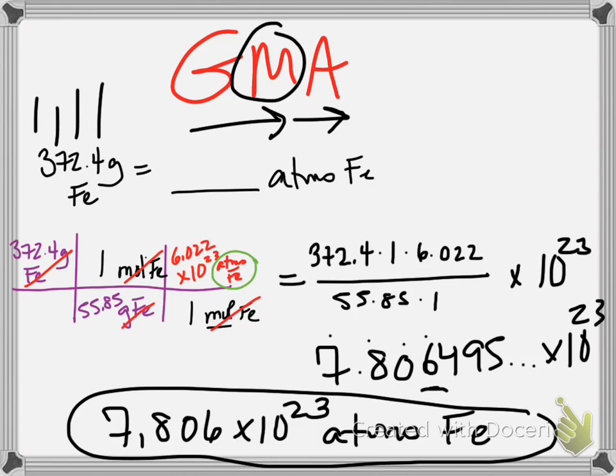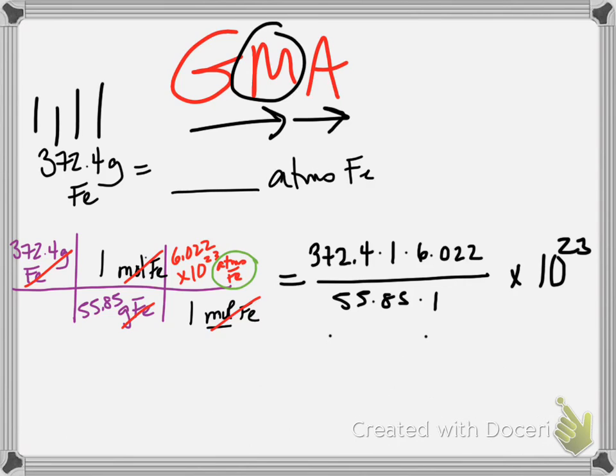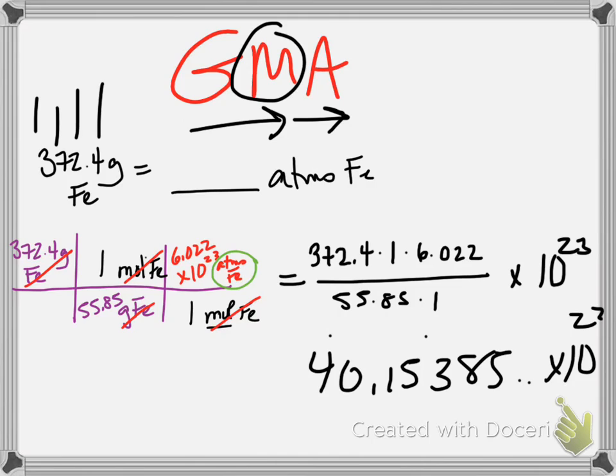Clear. 372.4 times 1 times 6.022. Oh, this is going to be a whole different order of magnitude, isn't it? 55.85. Okay, 40.15. Does that sound better? Oh, I'm so glad. Now, I'm not glad because it means I have to move decimals, and I passionately hate doing that. But I get a raw answer of 40.15385, blah, blah, blah, times 10 to the 23rd.